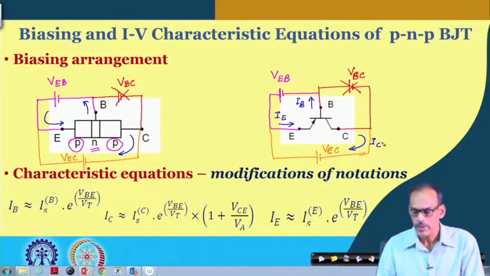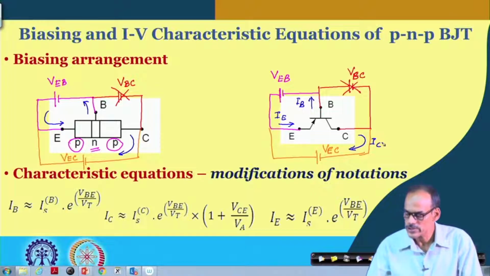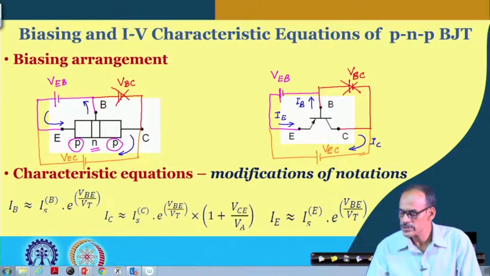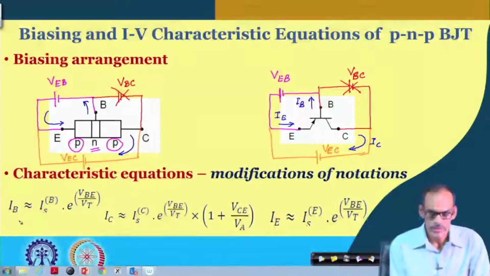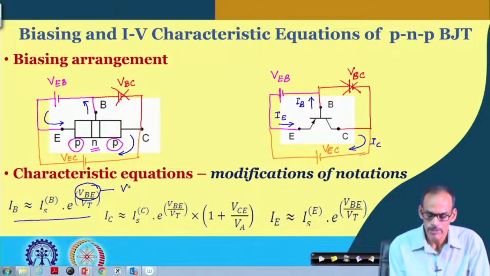So, if you compare the notation or the equations we have used for the NPN BJT with the PNP, what you can see here is this. These are the equations that were used for NPN. With respect to that, we simply have to modify this part, namely we can make it VEB.